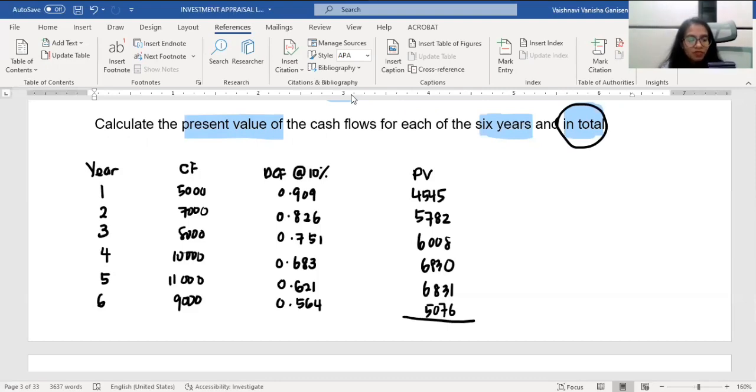So 4,545 plus 5,782 plus 6,008 plus 6,830 plus 6,831 plus 5,076. I got the total present value of 35,072. This is the present value for each individual year, and this is the total present value for all 6 years.